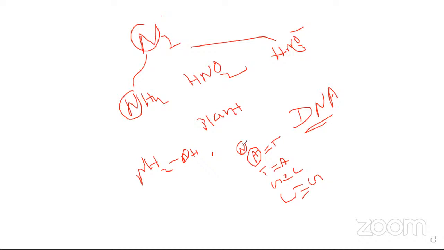And what happens if the nitrogen is lost? Also, this nitrogen is present in chlorophyll. Do you know the chlorophyll structure? Magnesium at the center, with rings, and nitrogen is also present in this.